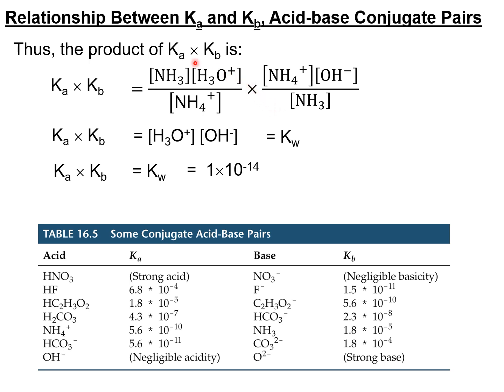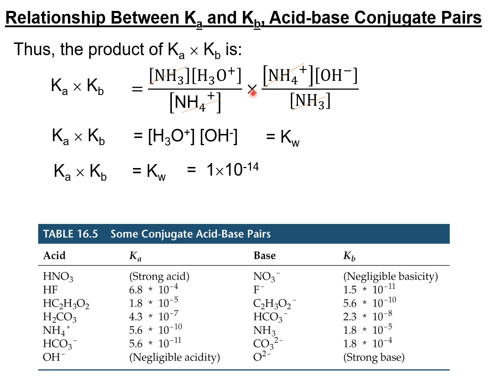Okay, so we just multiply the Ka and Kb expressions that we have built before, and the same terms in the different fractions can cancel out. Okay, the concentration of NH3 in Ka can cancel out with the concentration of NH3 in Kb, and the concentration of NH4 plus in Ka can also cancel out with the concentration of NH4 plus in the Kb expression.